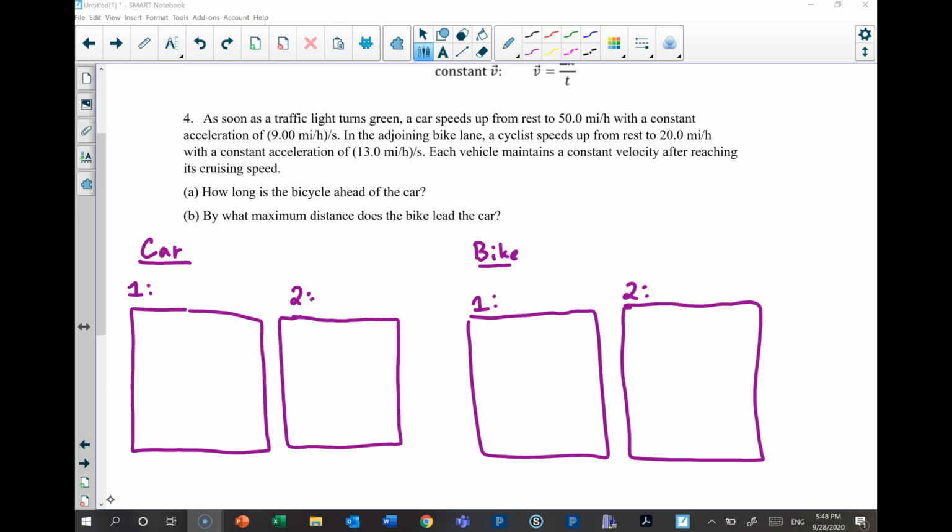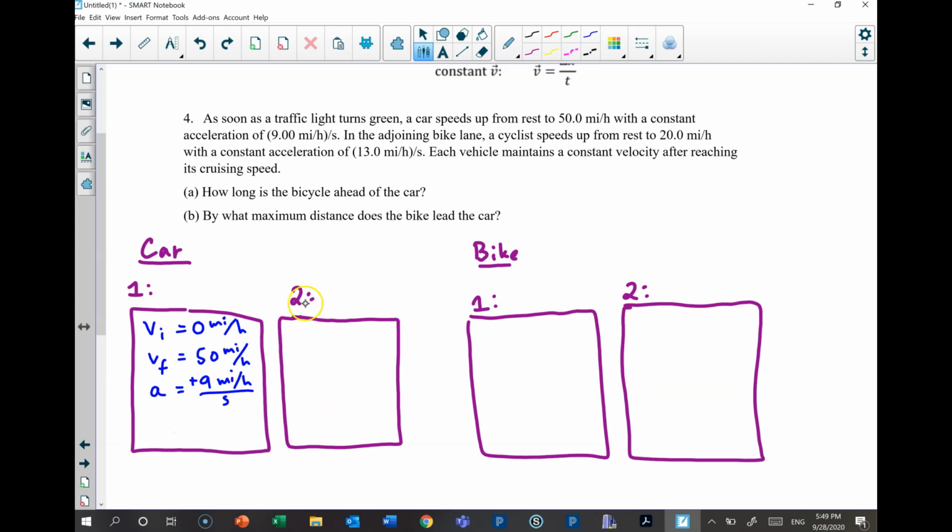Okay, here are the givens. Let's see if you got it right. For the car, it starts from rest, so VI is 0 miles per hour. VF is 50. The acceleration is 9 miles per hour every second. That's how much the velocity increases every 1 second, is by 9 miles per hour.